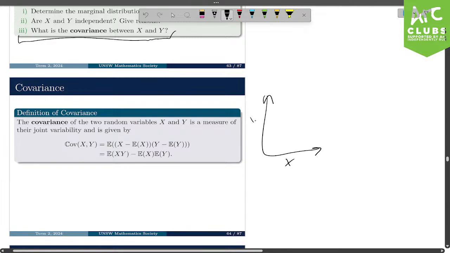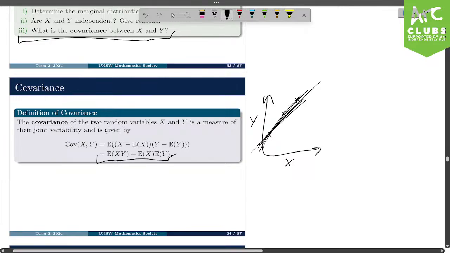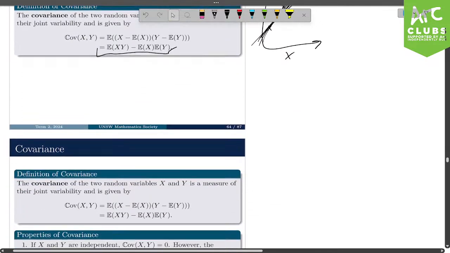If I have x on the bottom, y on the top, and it looks something like this, I can see there's some kind of positive correlation between them. And so that's pretty much why we use covariance to determine correlation in future use. But essentially, mathematically, we just chuck in a lazy formula and do it ourselves.